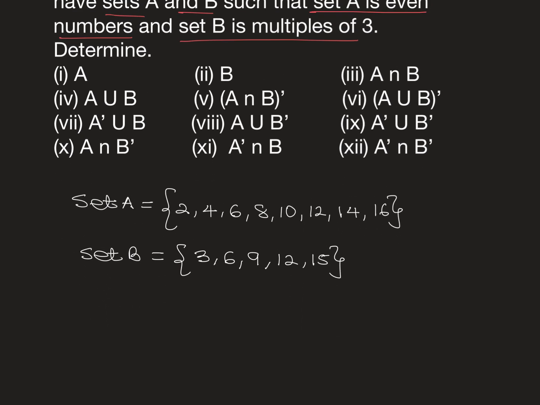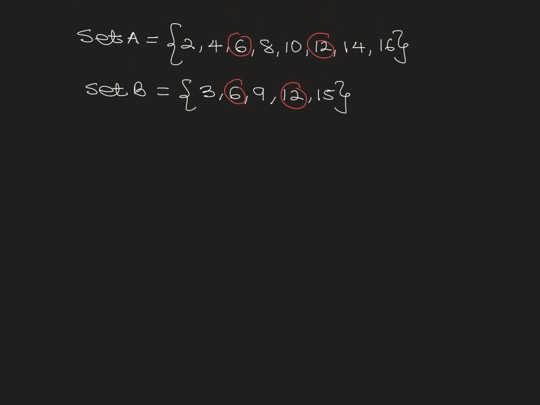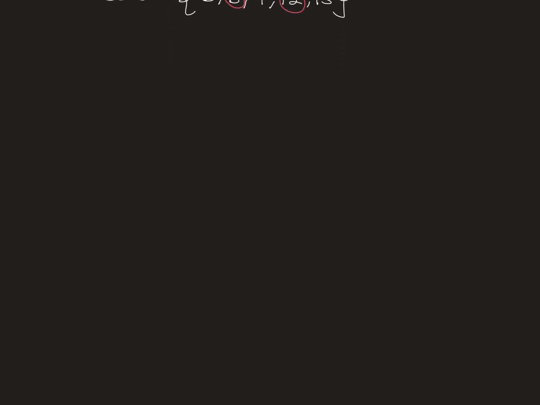So the next thing that you do is you try to see if there are common numbers between the sets. We have 6 and we have 12. So which means these two sets will intersect, okay? Even if the question doesn't ask you to draw a Venn diagram, it is advisable to do that first before answering anything.